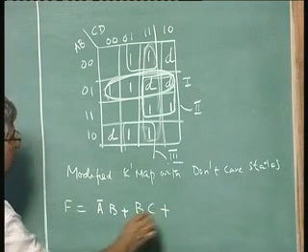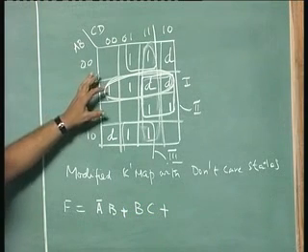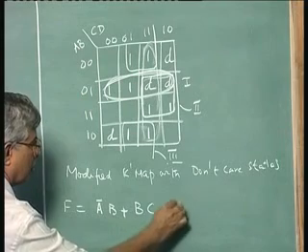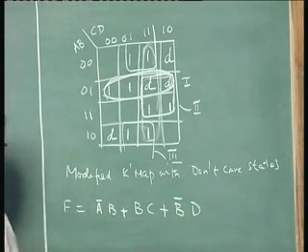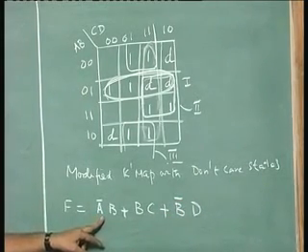And 3 would be D bar. Oh, this is B bar and D. Very nice. Now this is what we got, including don't cares.